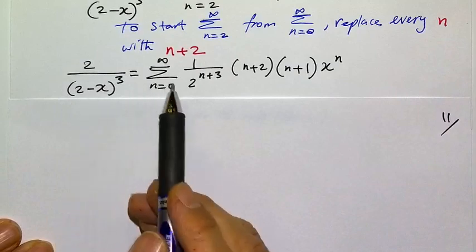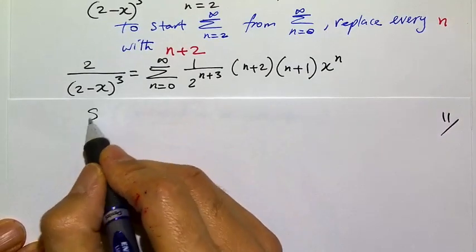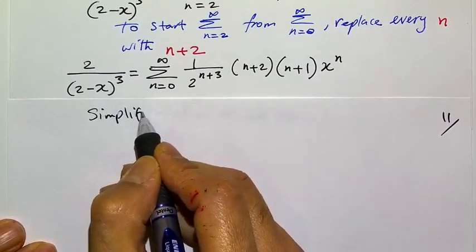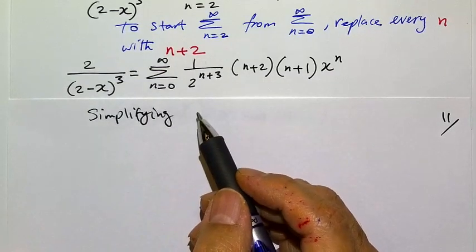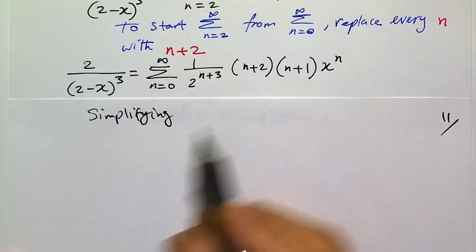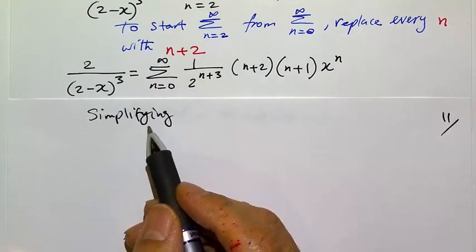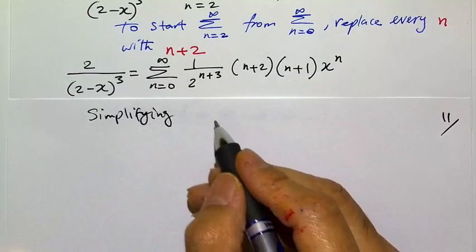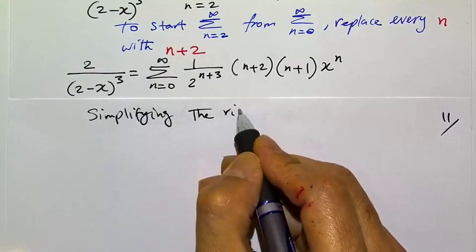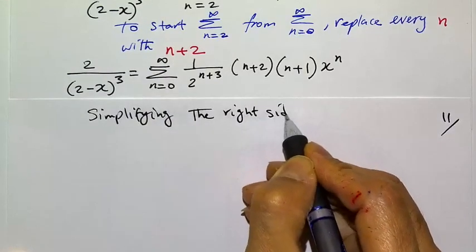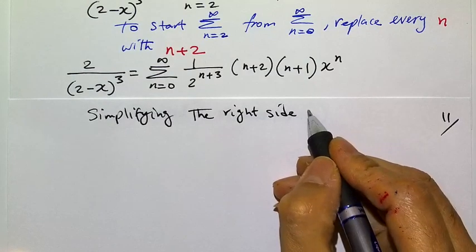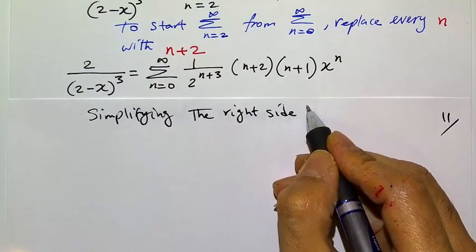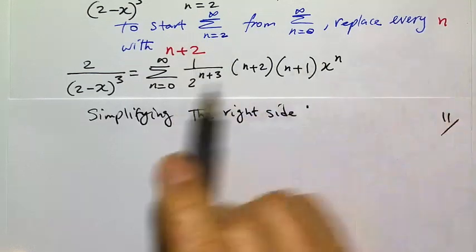So, simplifying the right side a little bit, and pretty soon we're going to multiply both sides by that. Simplifying the right side. I'm sorry, I'm just thinking about something that I just saw.